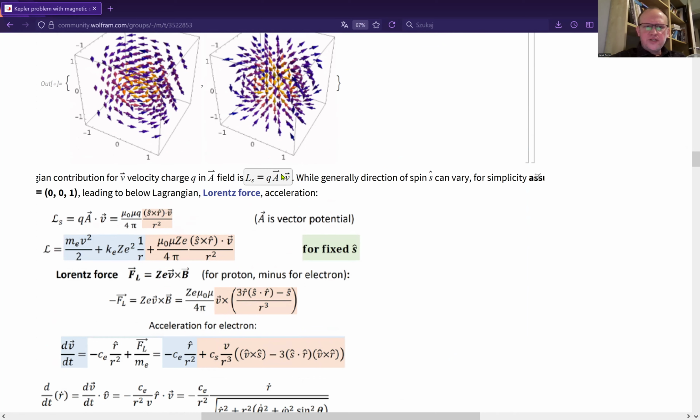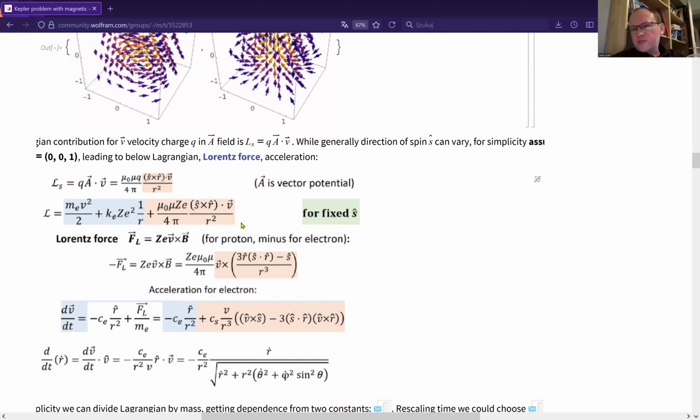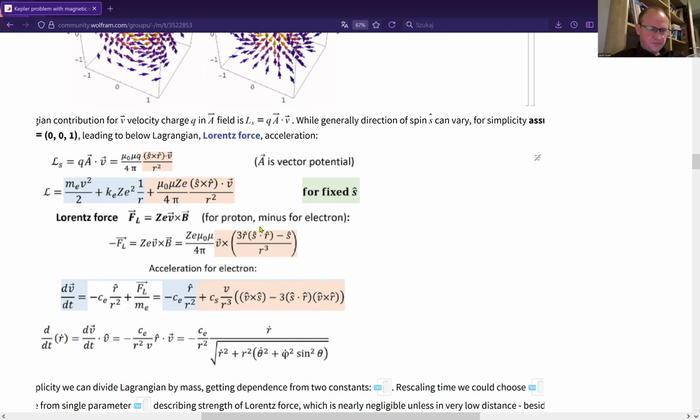This is the additional term in the Lagrangian we need to include to add the magnetic dipole moment of one of the objects, or in gravity if one of them is rotating. So now the final Lagrangian looks like this: you have the Kepler part, the kinetic term, the potential term, and now this interaction of the magnetic dipole with some charge, or mass in gravity.